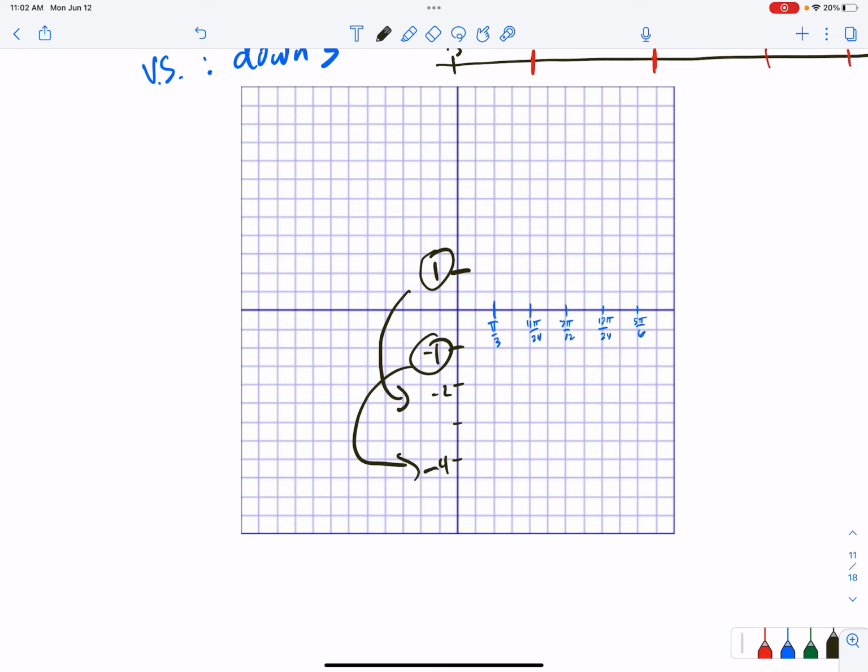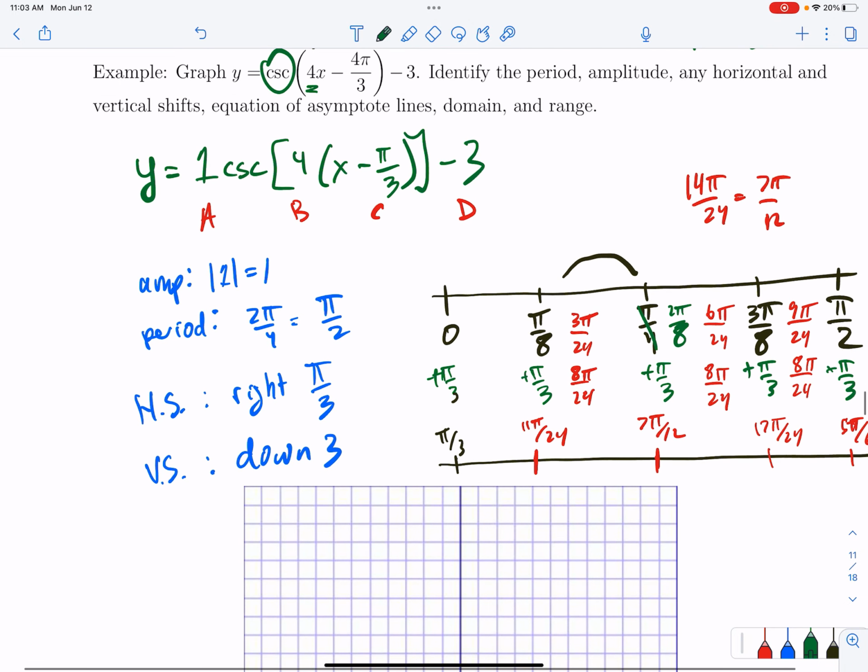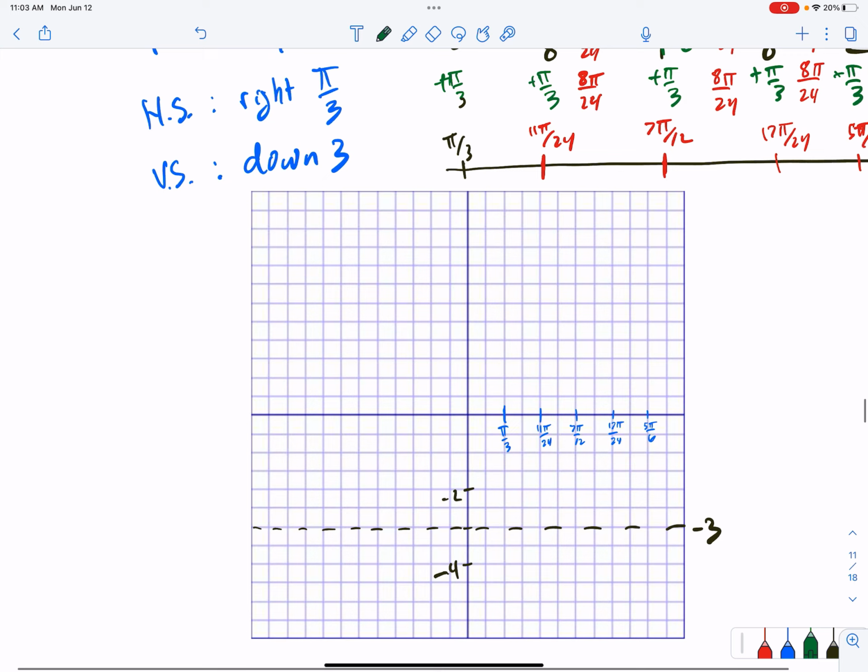And so my new horizontal midline is at -3. Let me clean this up a little. So the graph is going to be bouncing between -2 and -4, revolving around that line -3.